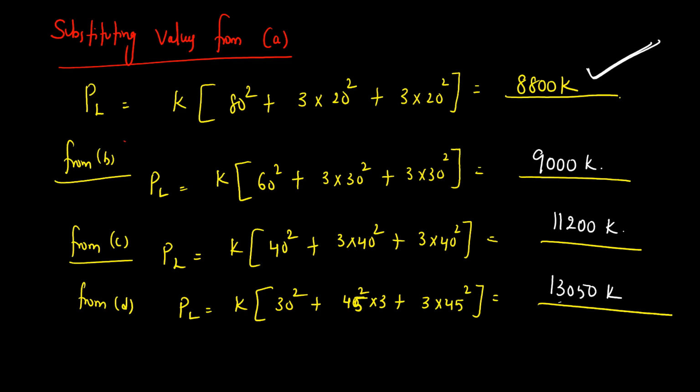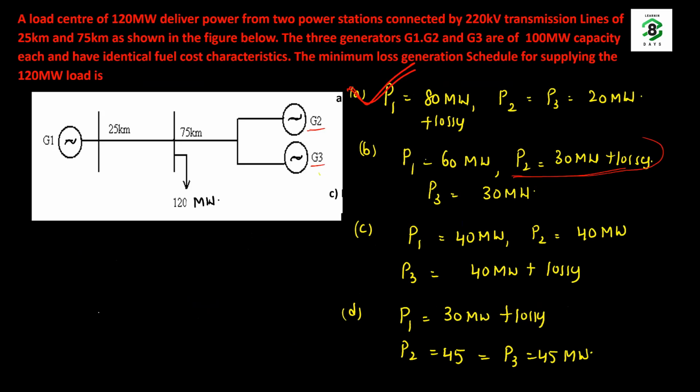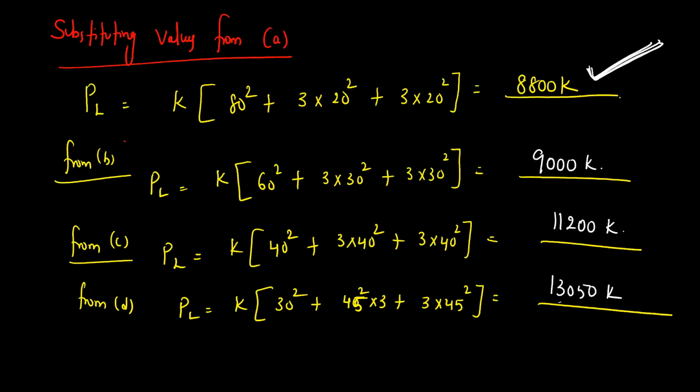The losses are minimum in option A, so this is the optimal load scheduling. The option A will give you the minimum losses for supplying the 120 megawatt load. You can do it either by this logic or by this mathematical method.